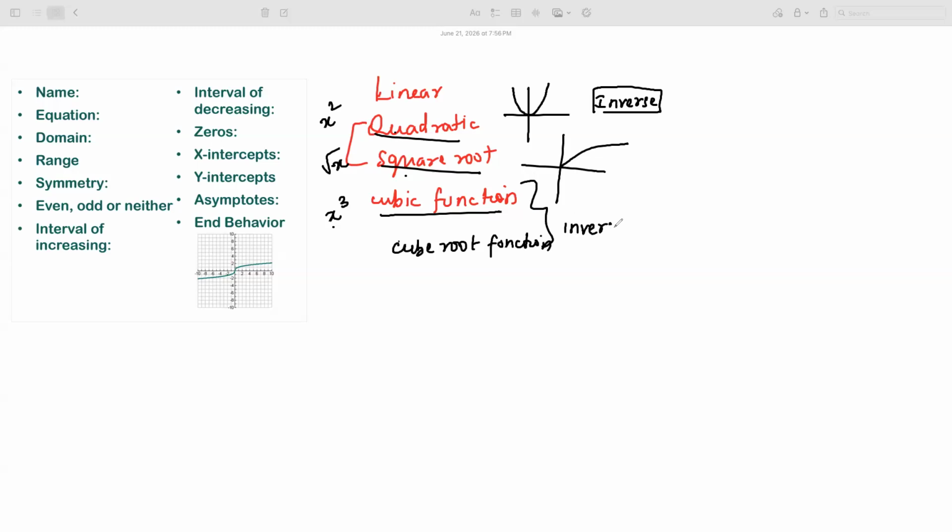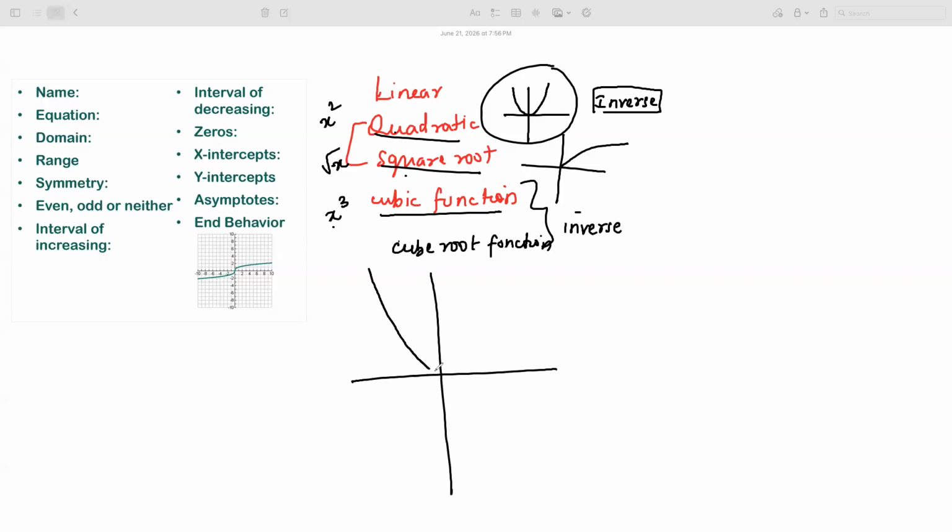But what is this inverse? Let me show you. There's something you can really understand from these graphs. Now this is x square graph. Let me show you. This is very interesting actually. I have this graph.